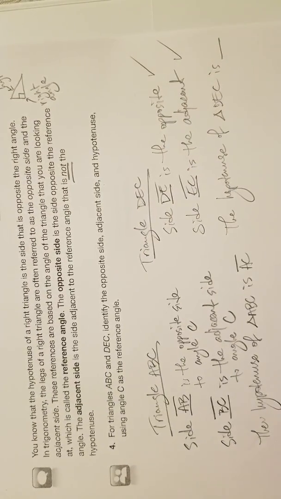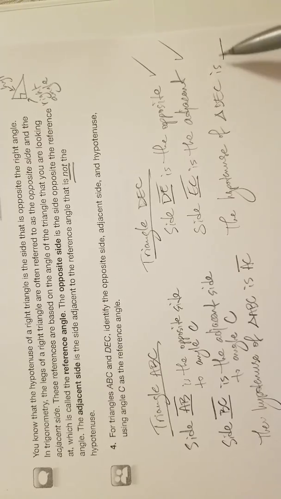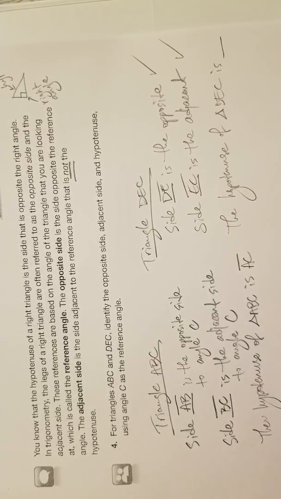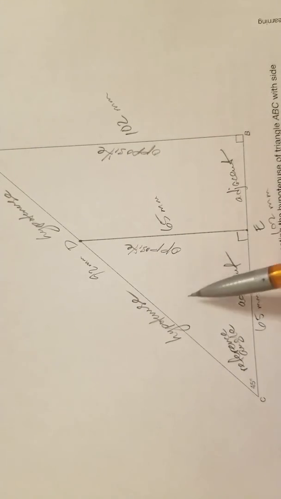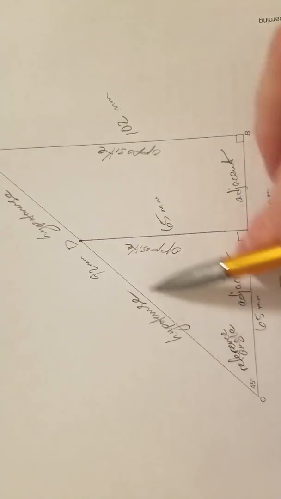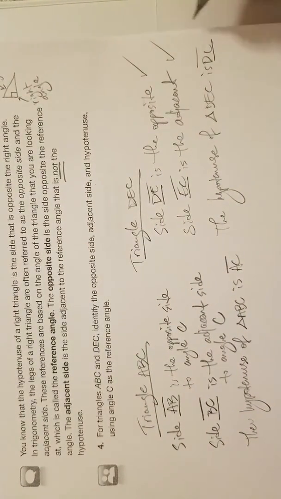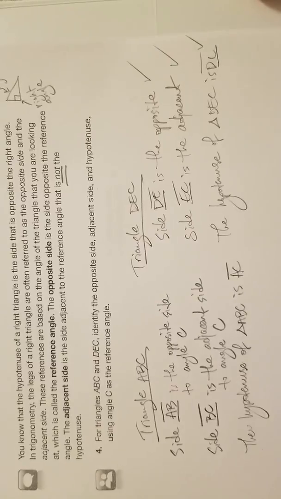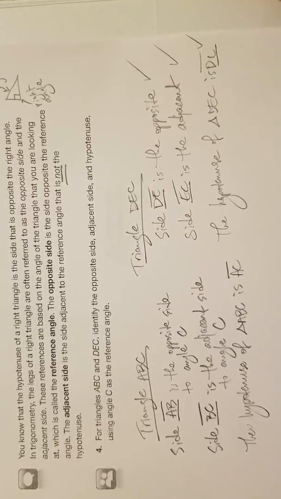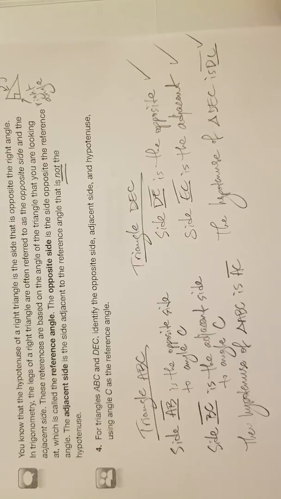All right, and then the last one, write down which side is the hypotenuse of triangle DEC. Okay, let's check. The hypotenuse is always opposite the right angle, so the hypotenuse will be DC. If you put DC, give yourself a little check. All right, now that's page 659, and now you can identify the opposite, adjacent, and hypotenuse of a right triangle.